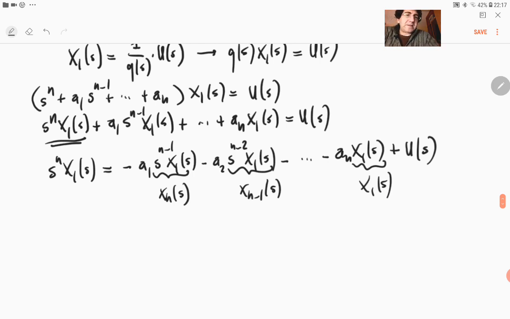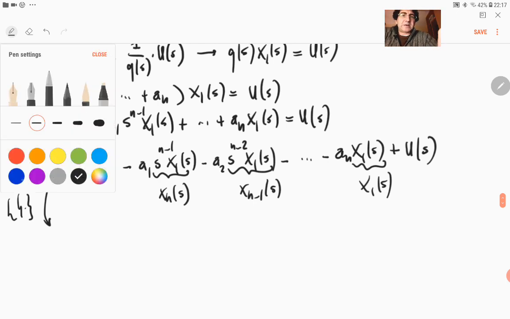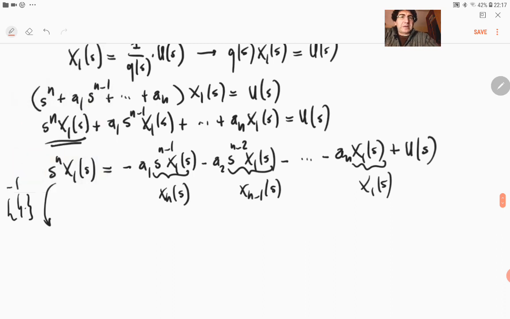So if I go back to the time domain to write my state space equation, this becomes, and in fact, from the beginning, this was equal to xn dot of t, and that is equal to minus a1 xn.